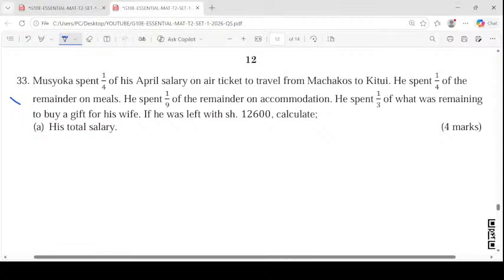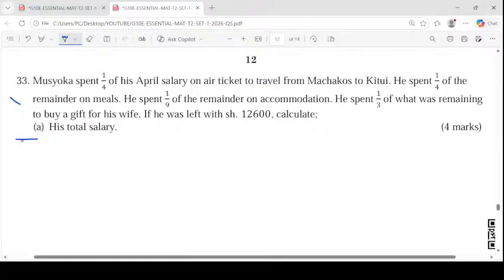Musyoka spent a quarter of his salary on air ticket to travel from Machakos to Kitui. He spent a quarter of the remainder on meals. He spent a ninth of the remainder on accommodation. He spent a third of what was remaining to buy a gift for his wife. If he was left with 12,600, calculate part A, his total salary.